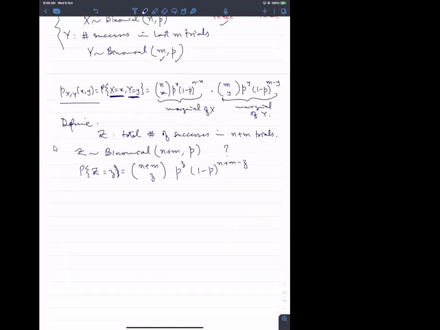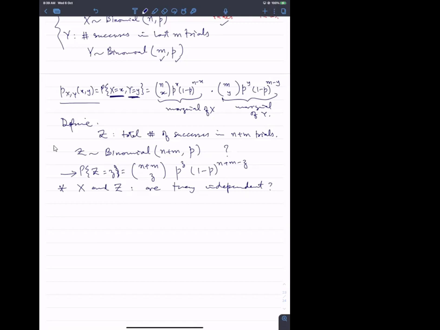You can notice that x and z, are they independent? Well, they are not. अगर हम आपको बता दें कि z takes a value 0, तो automatically हमें पता है कि x will take the value 0.